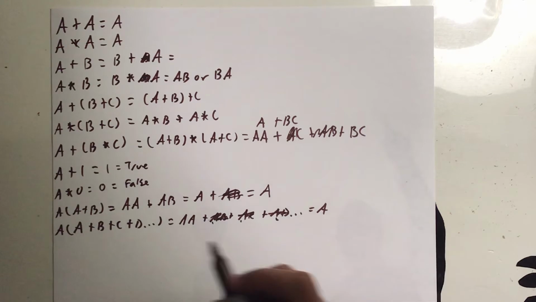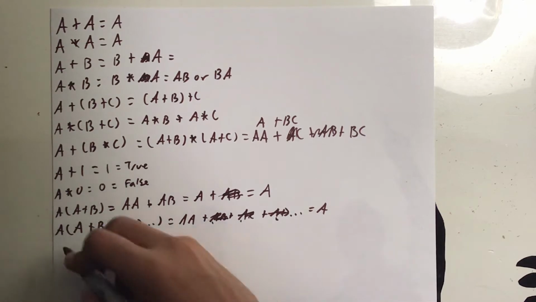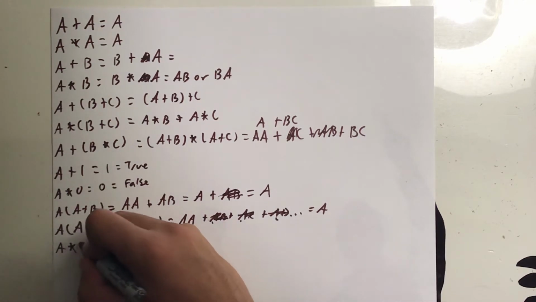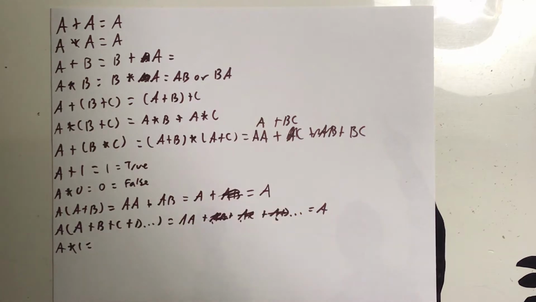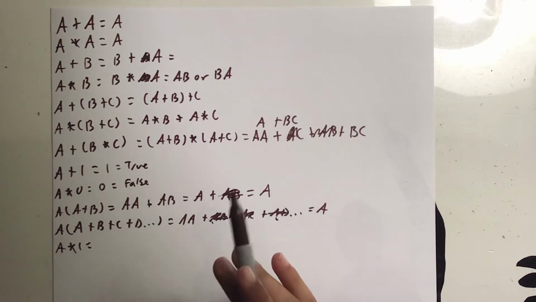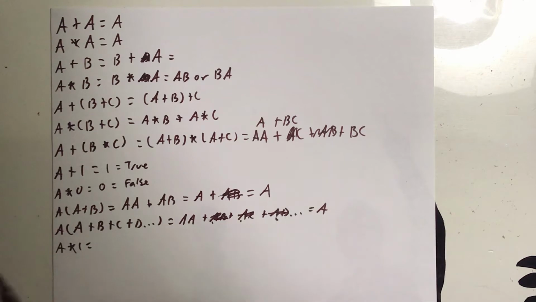Let's say you had A times 1. Let's say it was true. True and true gives you true, right? Let's say it was false. False and true gives you false. Notice how we get the same answer as what was in our variable.